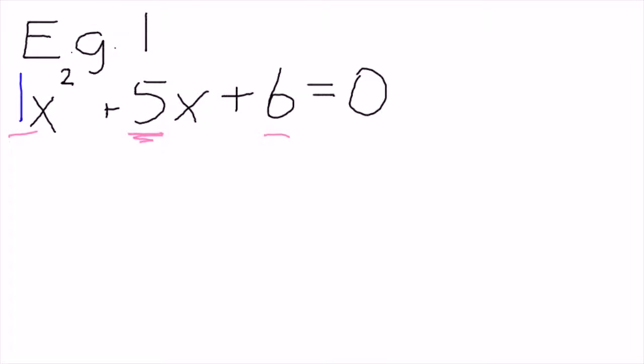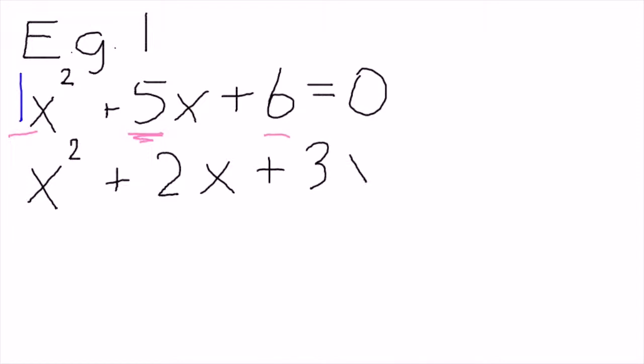So you will have to write the expanded version like this: x squared plus 2x plus 3x plus 6 is equal to 0. As you can see, 1 times 6 is 6, and using the factors of 6, we get two factors that add up to 5, which are 2 and 3.